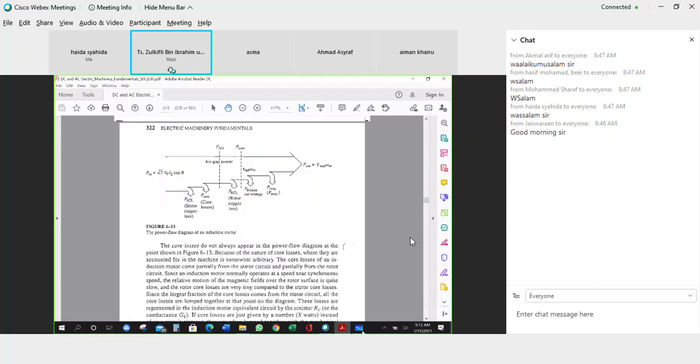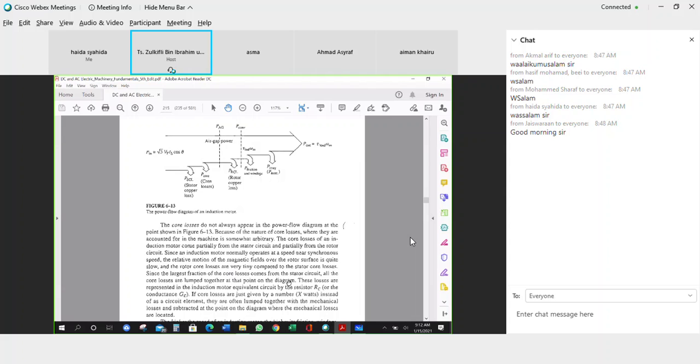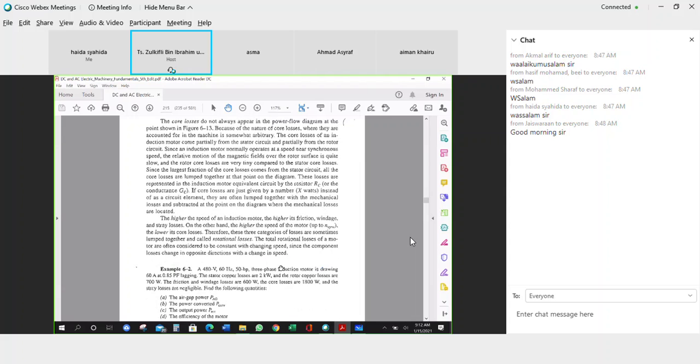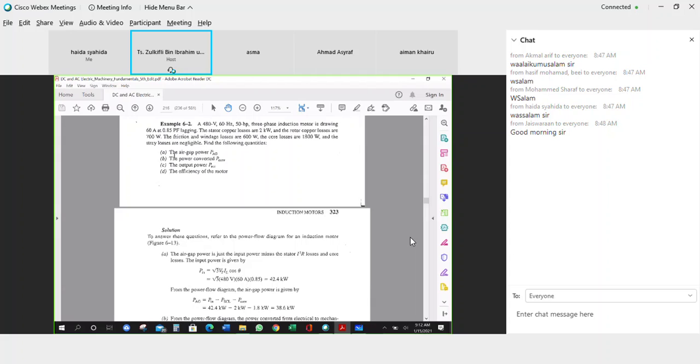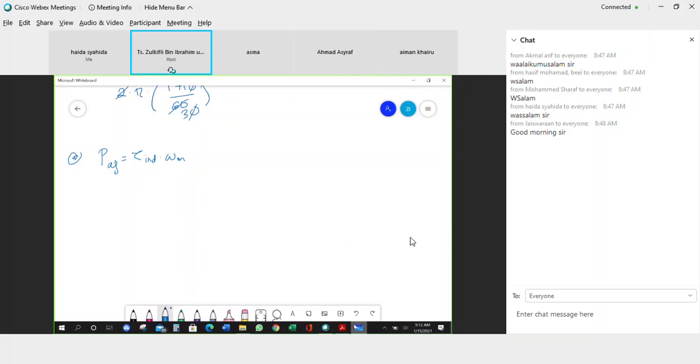So if you look into this example, now we are looking for the air gap power. This means that the air gap power equals the input power minus the stator copper losses minus the core losses.